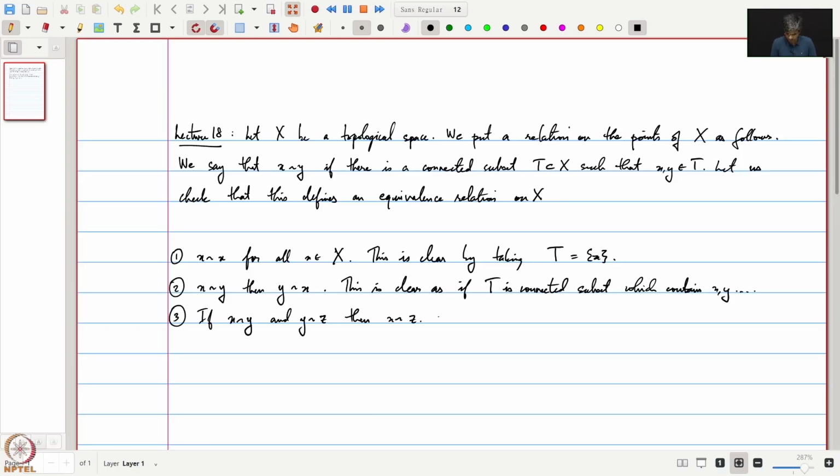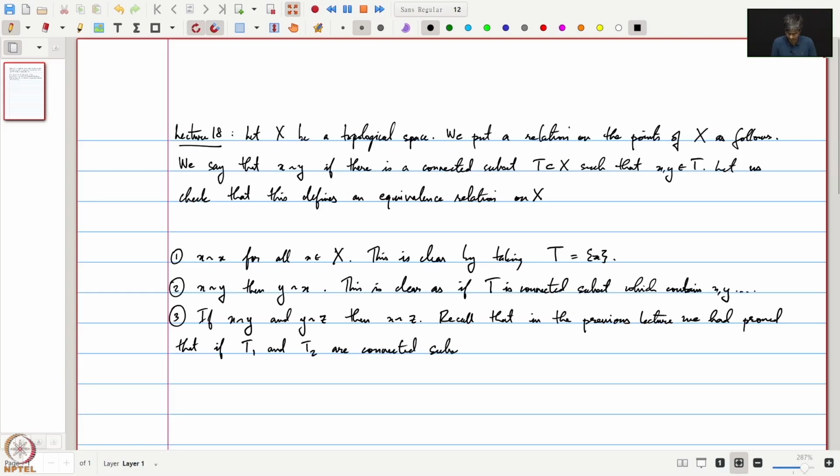To show this, recall that in the previous lecture we had proved that if T1 and T2 are connected subsets of X such that T1 intersection T2 is non-empty, then the union T1 union T2 is connected.